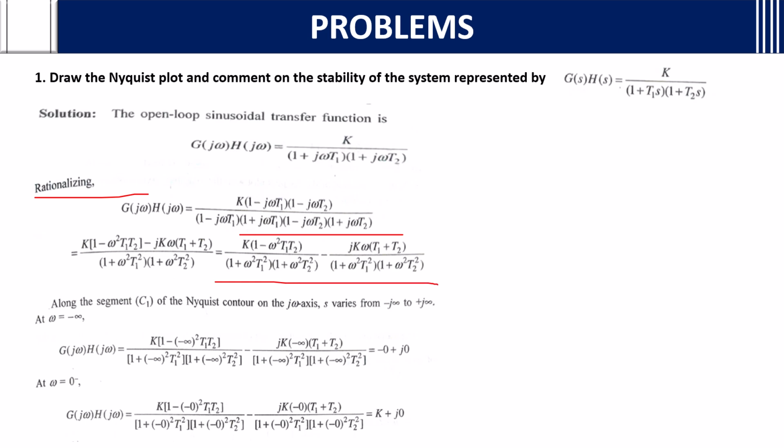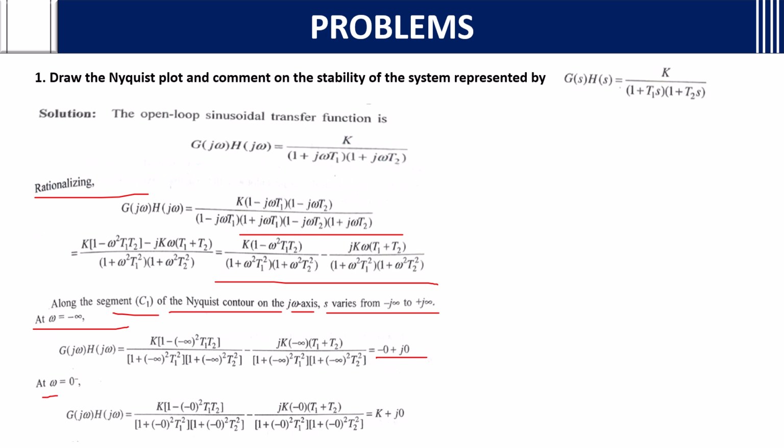Along the segment C1 of the Nyquist contour on the jω axis, s varies from where? Minus j infinity to plus j infinity, right? From the contour we have seen. At ω equals minus infinity, what happens? You just put minus infinity in place of ω, and finally you will get minus 0 plus j0.